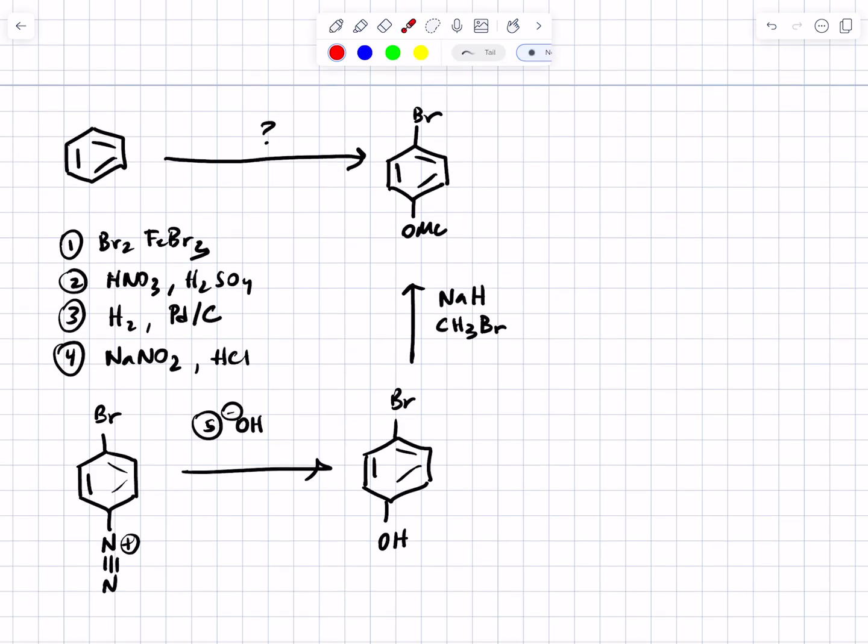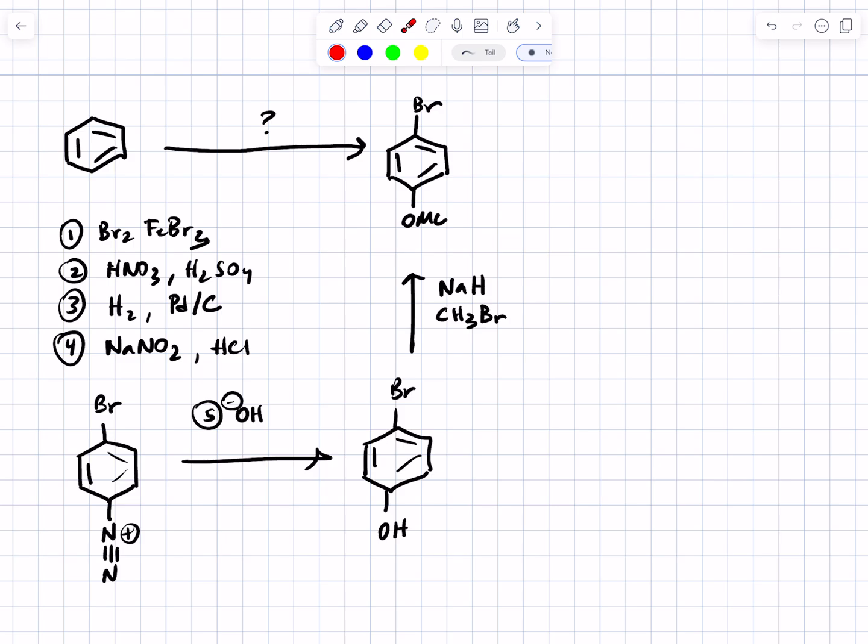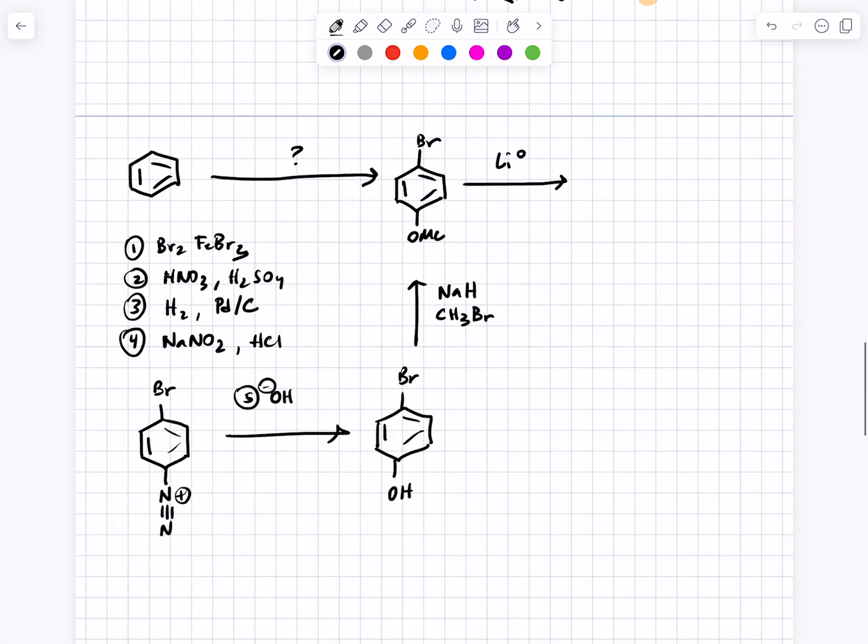Some of you are thinking, why didn't I just use methoxide here? Would that work? I think it would. Okay, so now you've got the aryl halide. I want to turn this into a boronic ester. So the strategy is to use lithium. That's going to do halogen metal exchange on the bromo to give me this organolithium reagent.